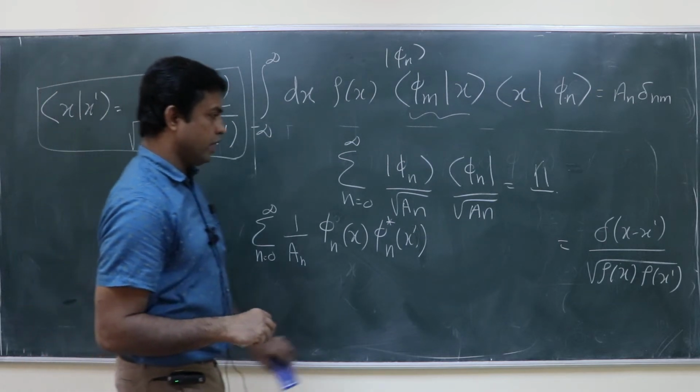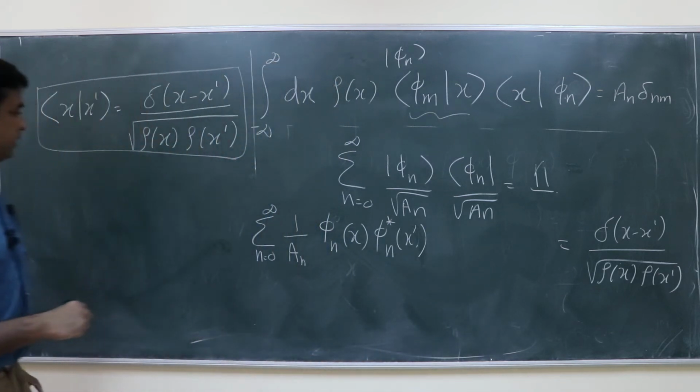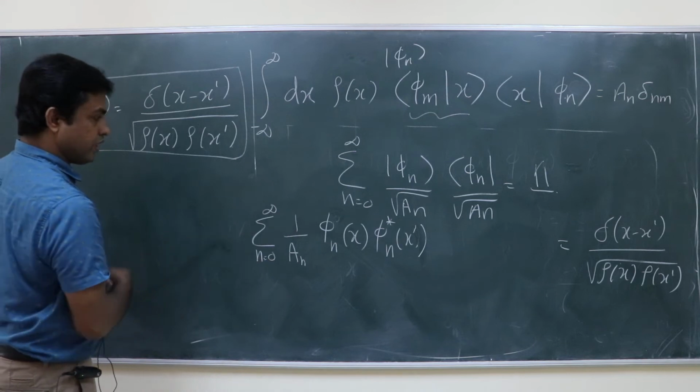So what I can do is take the square root of rho of x into rho of x prime to the left hand side.